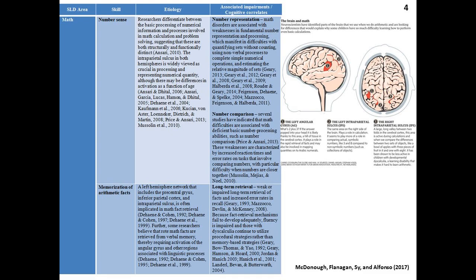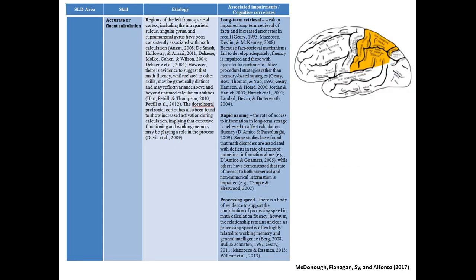So if we look at the particular math areas like number sense, memorization of math facts, and so forth, brain regions associated with basic processing of numerical information are structurally and functionally distinct from those involved in math calculation and math problem solving.